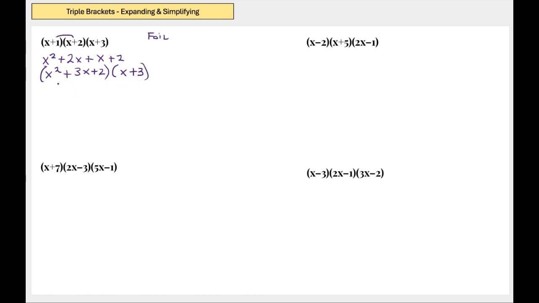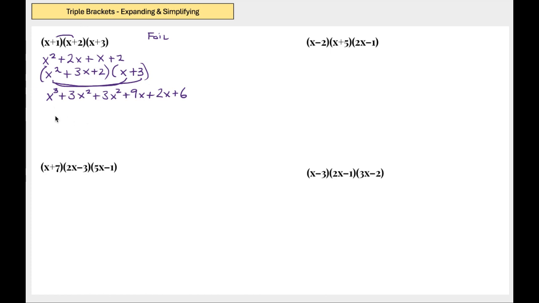So now using the FOIL method, I'm going to do exactly the same, but we're going x squared to 3. And then you're going to go 3x to x, 3x to 3, and so on. So we have x cubed plus 3x squared plus 3x squared plus 9x plus 2x plus 6.